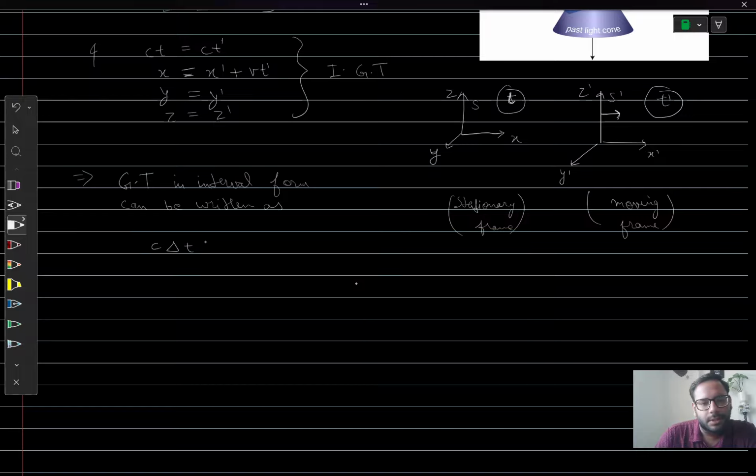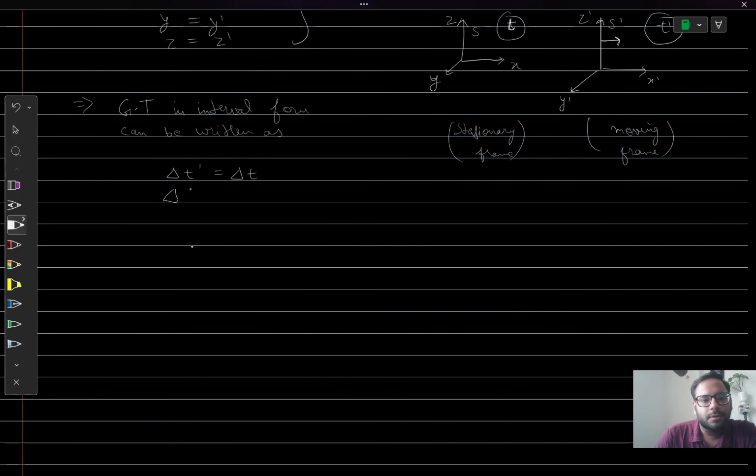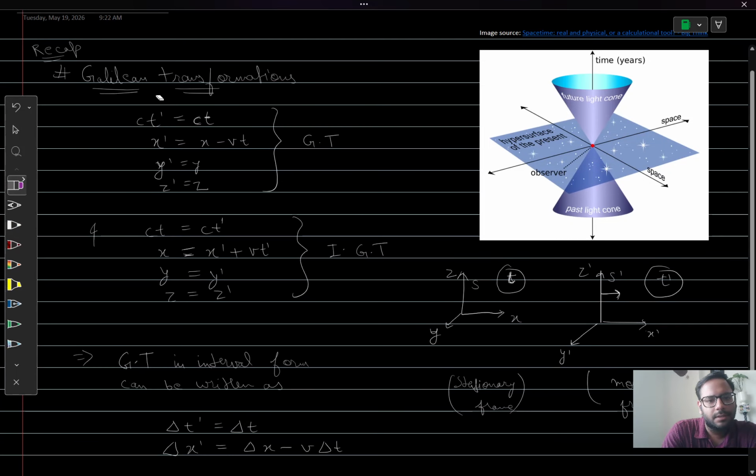Or you can remove the c, because Galilean transformations actually use the fact that the speed of light is different in different coordinate systems. If you don't want to include the c in Galilean transformations, that's perfectly fine. But you can do that in Lorentz transformations because the speed of light is constant in all inertial frames. So to maintain consistency, let's remove it from here also.